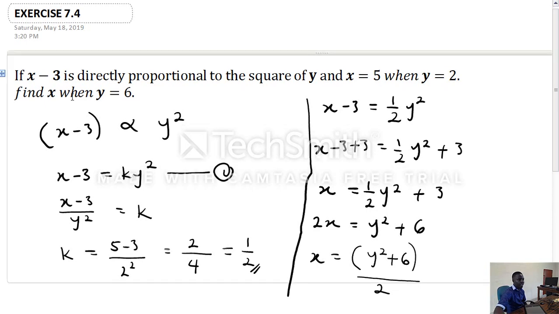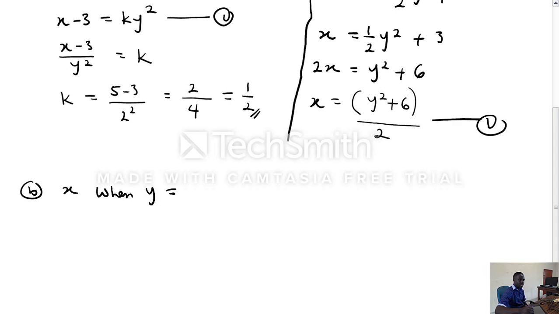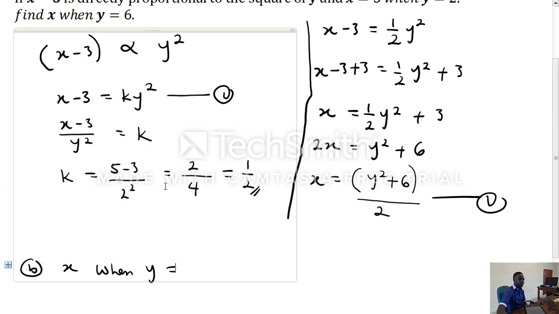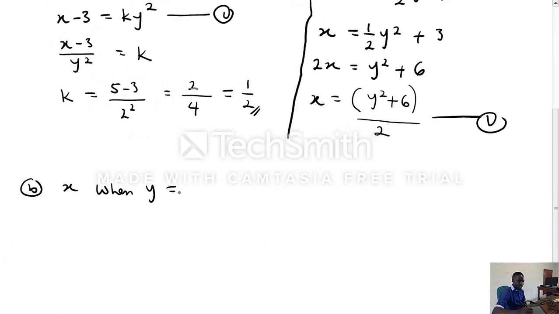So to find x when y is equal to 6, we have gotten the relationship between x and y. So B says we should find x when y is given as 6. So when y is equal to 6, what will be x?